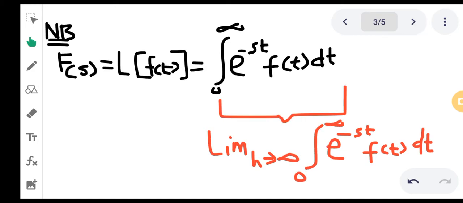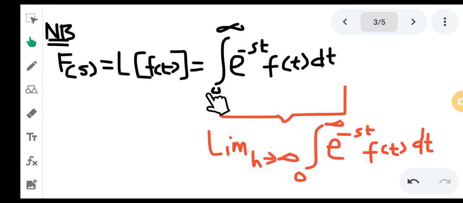We should know that the f of s is equal to the Laplace transformation of the f of t, that's the function they will be giving to us. When we want to transform a small f of t to a big F of s, we have to apply a Laplace transformation, and this is what we intend to do.